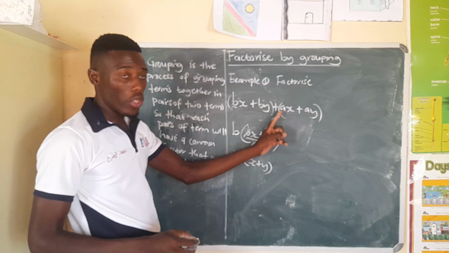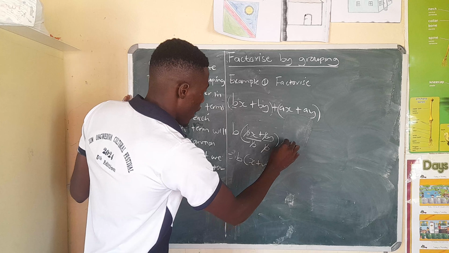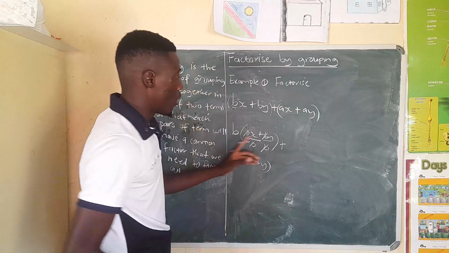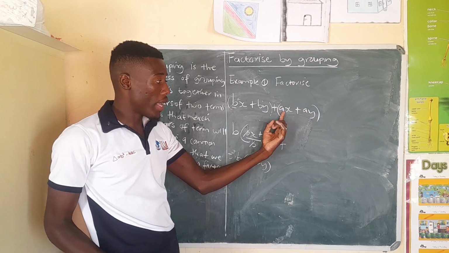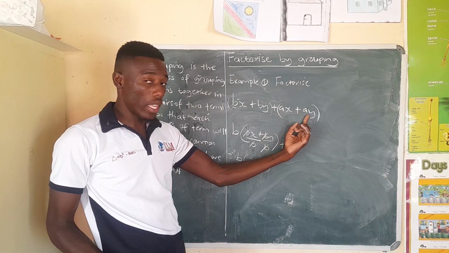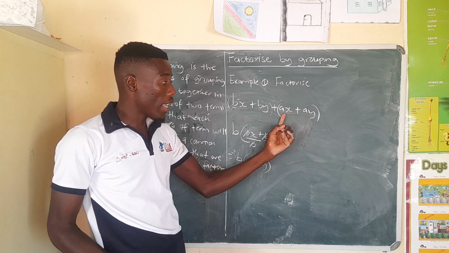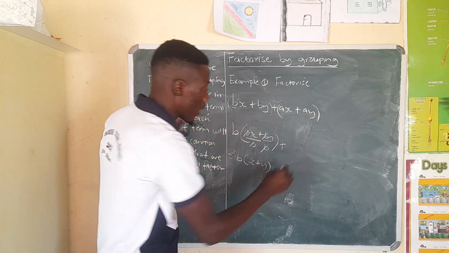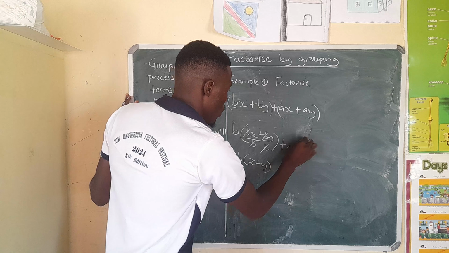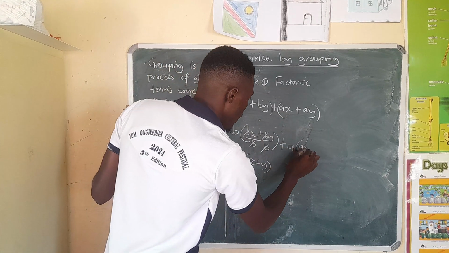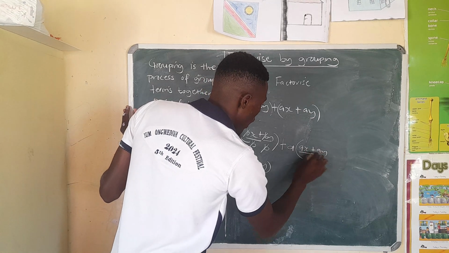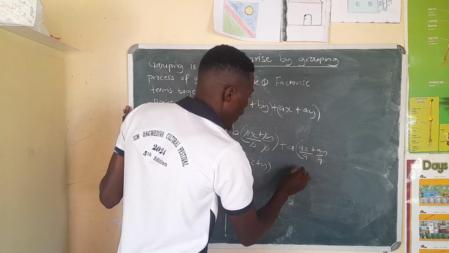Then I'm moving to this one. A is appearing in this term and is also appearing in this term. So this means A is a common factor. So then I'll take my A outside the bracket, and then I'll divide ax plus ay with my highest common factor, which is a.